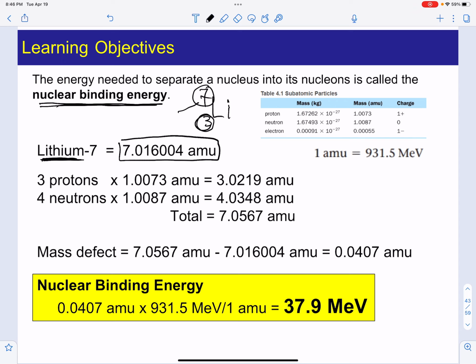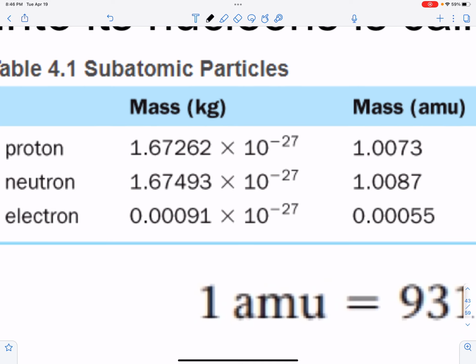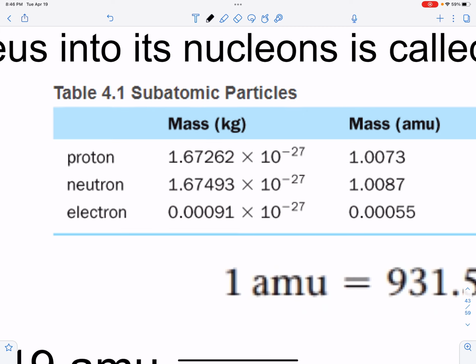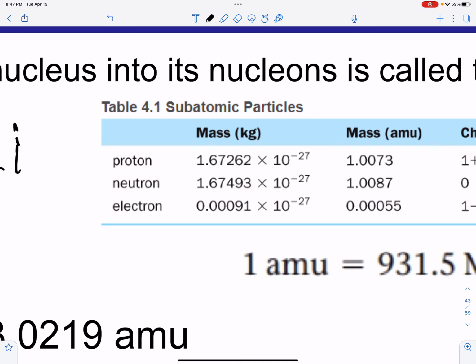So I know the mass of a proton. The mass of a proton in kilograms is 1.6726 times 10 to the minus 27, but I can change that to atomic mass units by using Avogadro's number: 1.0073. And the mass of the neutron is 1.0087.